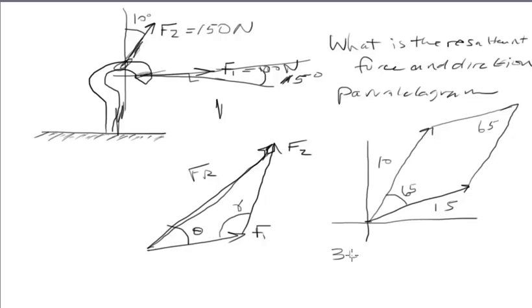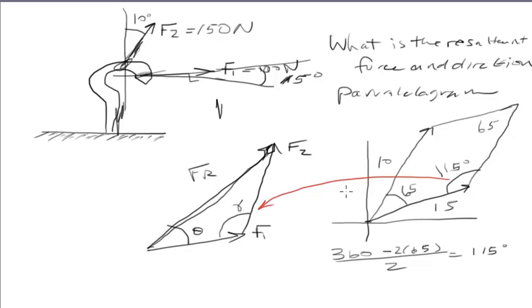So we can just say 360 minus 2 times 65 over 2, and that gives us 115 degrees. Okay, so that means we know this angle here, which is 115 degrees. And then this is the same angle that we're going to use over here. And hopefully that's clear to everybody.